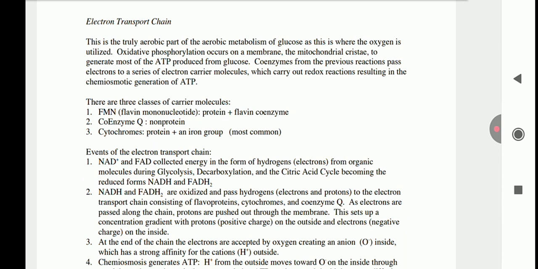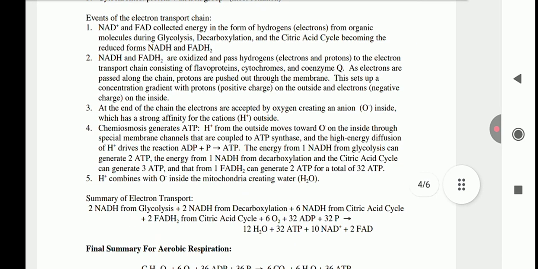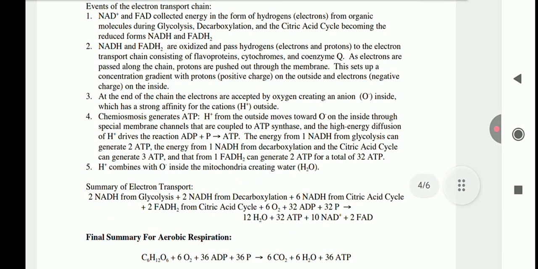Second, NADH and FADH2 are oxidized and pass hydrogen to the electron transport chain, and protons are pushed out through the membranes. They set up a concentration gradient with protons on the outside and electrons on the inside.